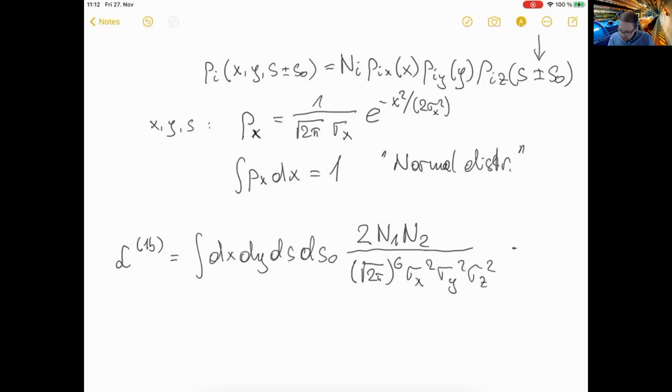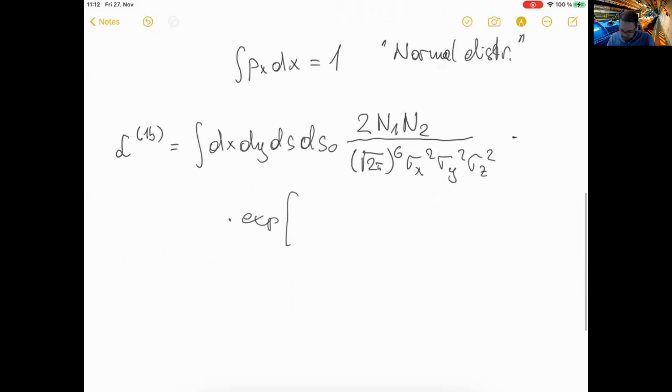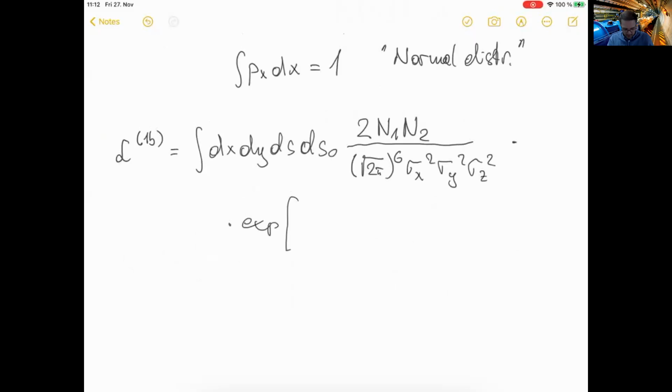And then this needs to be multiplied with an exponential, and the exponential is minus x squared over sigma_x squared, minus y squared over sigma_y squared, minus, and here we have (s minus s0) squared plus (s plus s0) squared, and here it is 2 sigma_s squared.